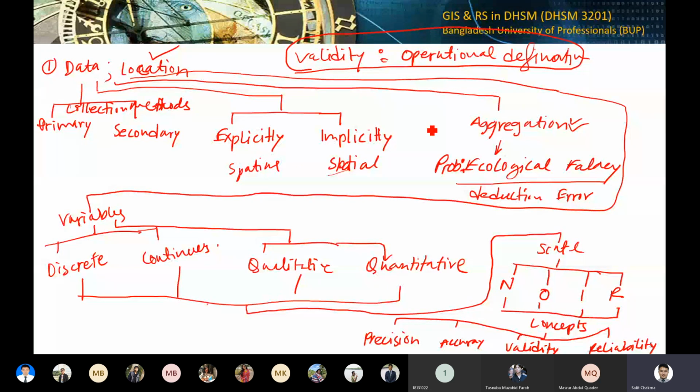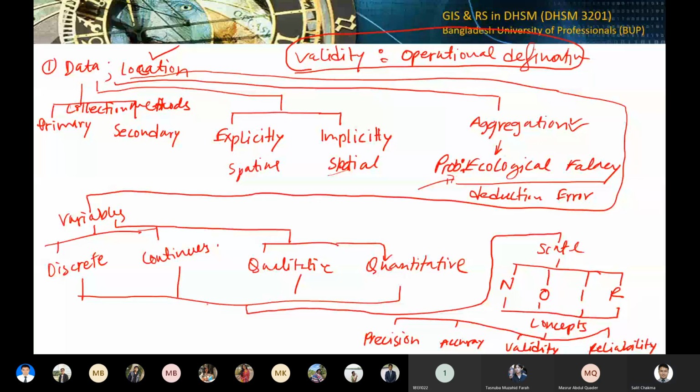You classify into multiple classes, or you deduce any geographic data into the next level of geographic boundaries, which is not really logical, that one is called ecological fallacy.